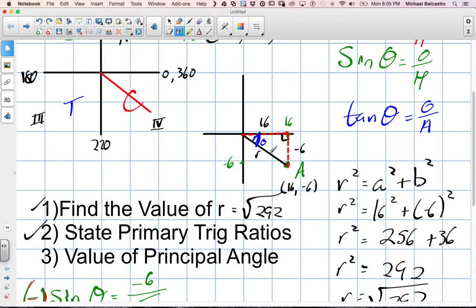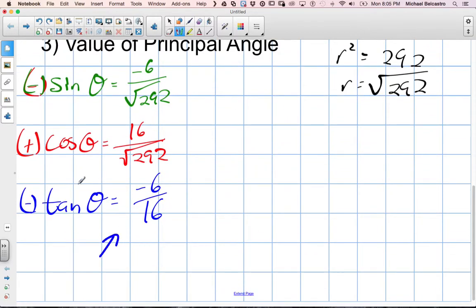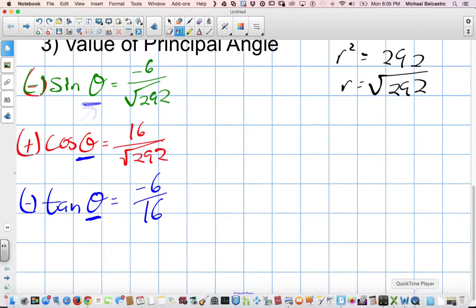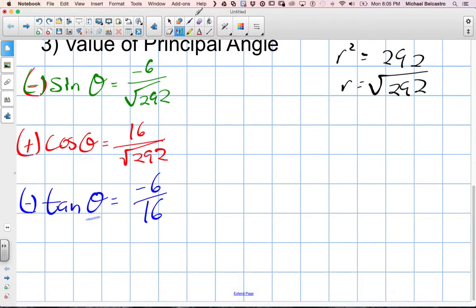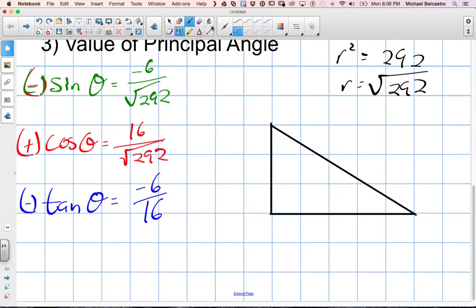So using this information, actually using any of these primary trig ratios, we can find out what our theta is going to be in this question. And actually, let's plug it in. I'll show you. It'll give us some larger values. As a side note, I'm just going to take our triangle and recreate it here.